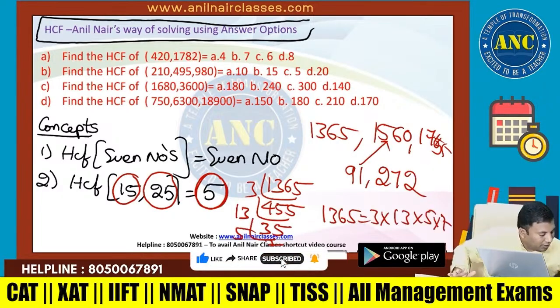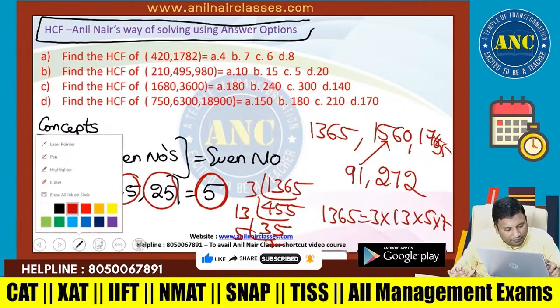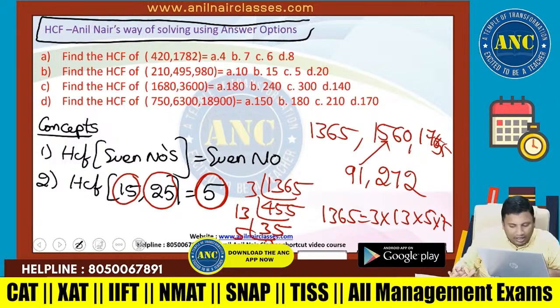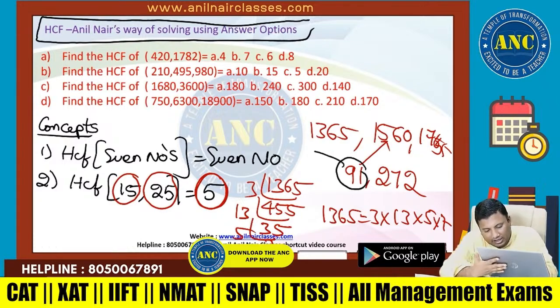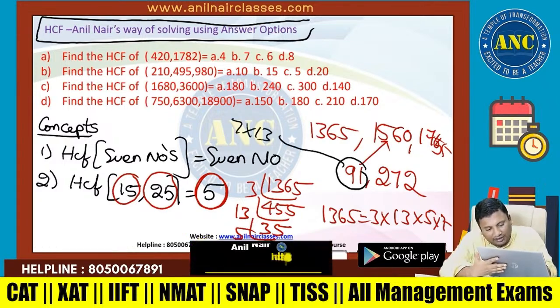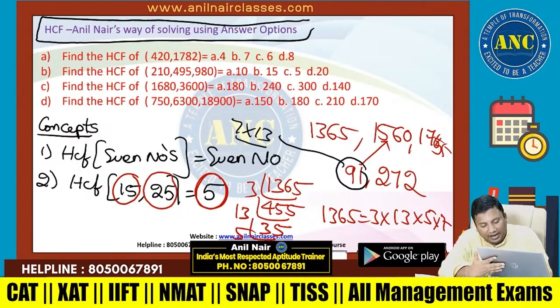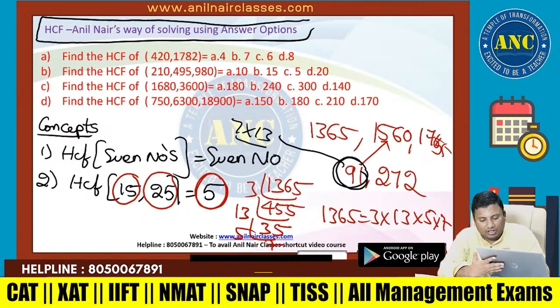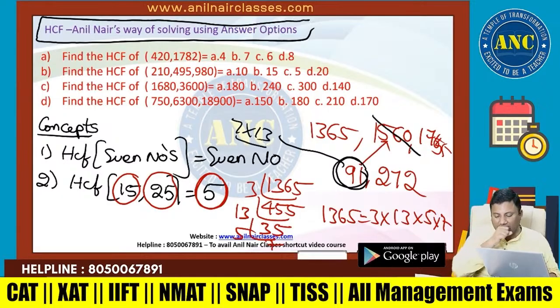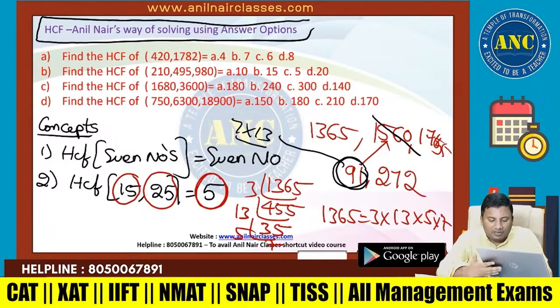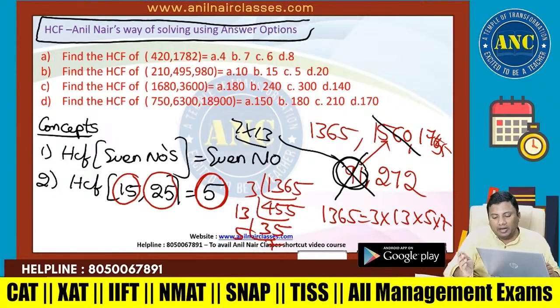Now this is for you, Srikanth. Why did I not take 91? 91 is derived from 7 and 13. If I take 91, the other number should be divisible by 7. 7 2s are 14, remainder 2, so 16 is not divisible by 7. If it is not divisible by 7, how can it be divisible by 91? I hope it is clear.